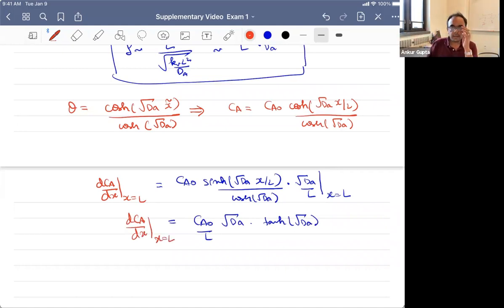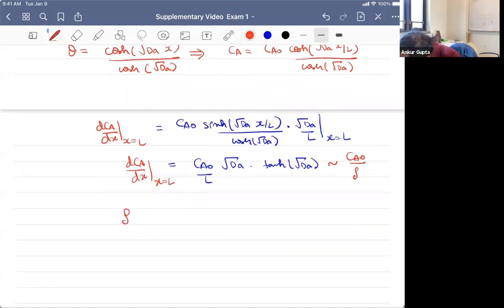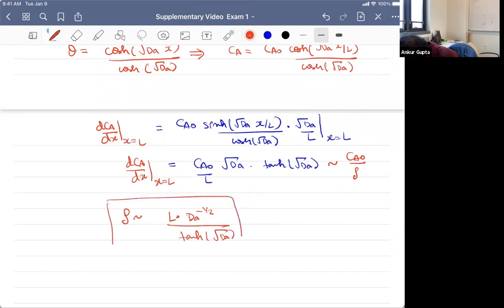We can expect that this would scale as CA naught by delta, because delta is the concentration boundary layer thickness. So you get delta is L times square root of dA to the minus half, divided by tanh of square root of dA. This is the more exact result.